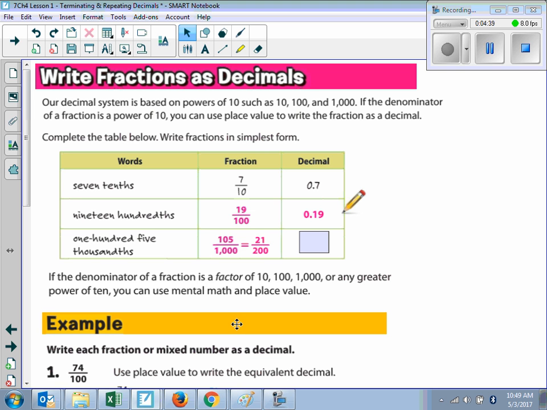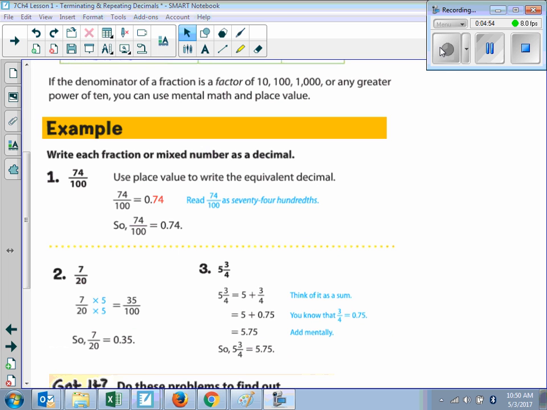Okay, so that's the fraction form of 105 thousandths. But if I want to write the decimal, you just write it just how you said it, 105 thousandths. So it's 0.105.